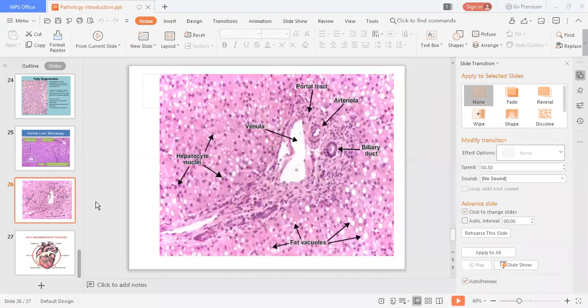The first cause of this fat accumulation is absence of lipotrophic factor in the food. Whenever there is malnutrition, the lipotrophic factors, choline and methionine, are absent. These two lipotrophic factors are essential for the conversion of neutral fat into phospholipid proteins.